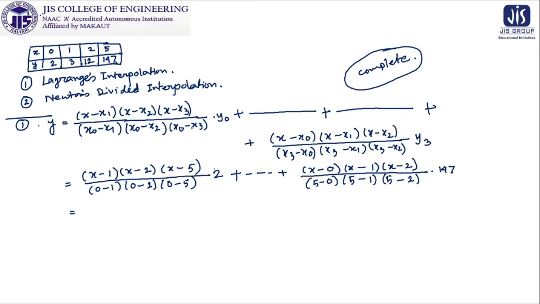And as each and every term here is of cubic order, after simplification, we are going to get the expression x cube plus x square minus x plus 2 as my interpolating polynomial.